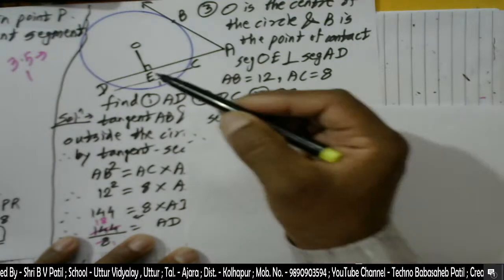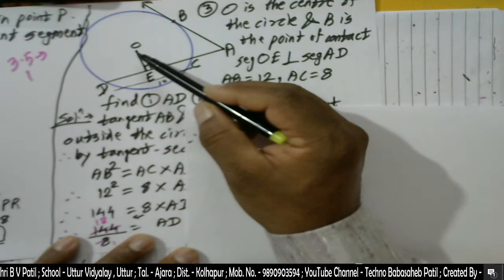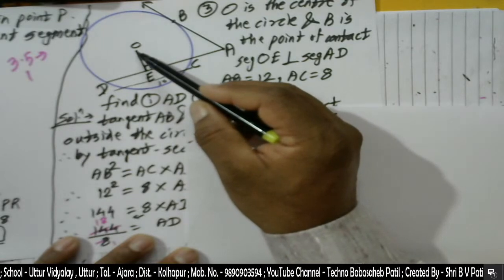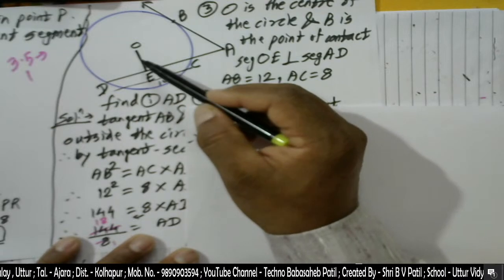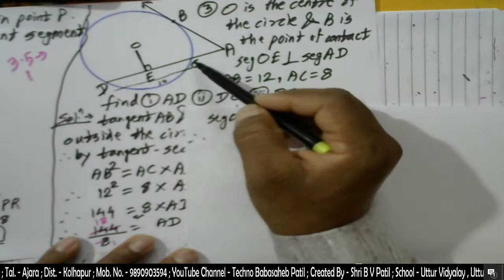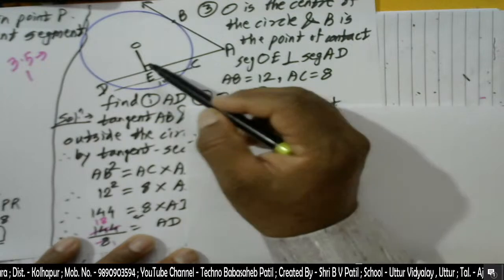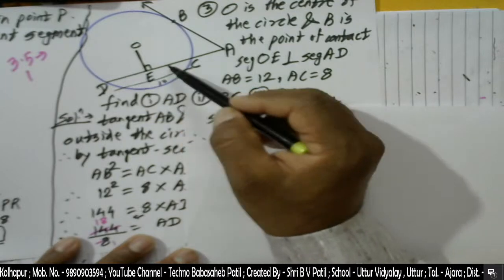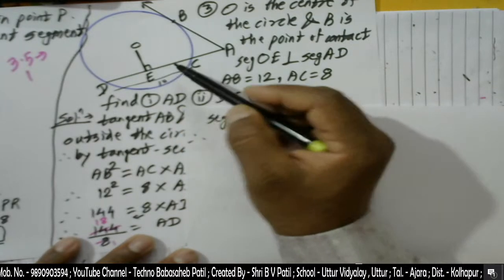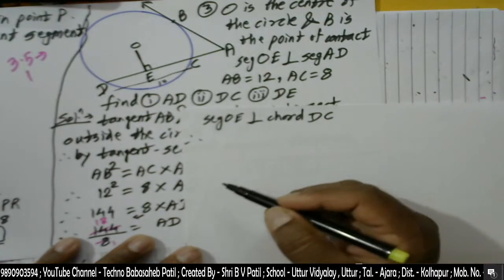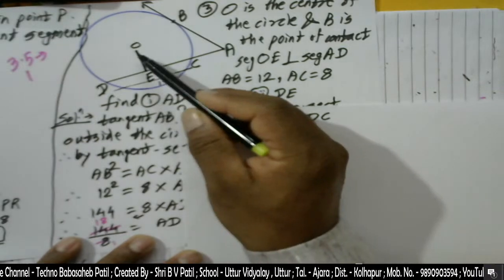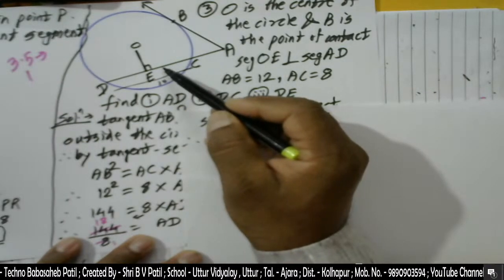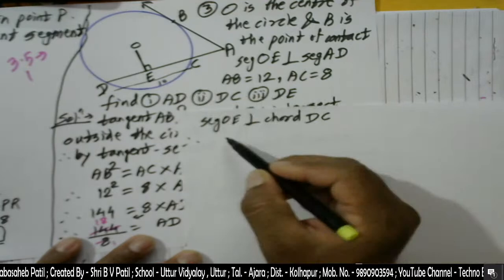Therefore, a segment drawn from the center perpendicular to a chord of a circle bisects the chord.